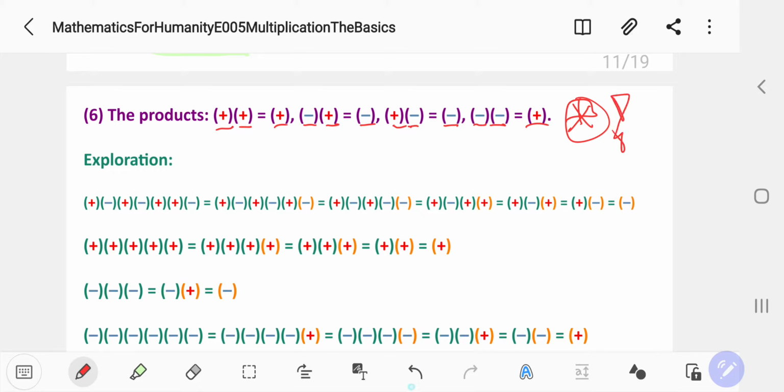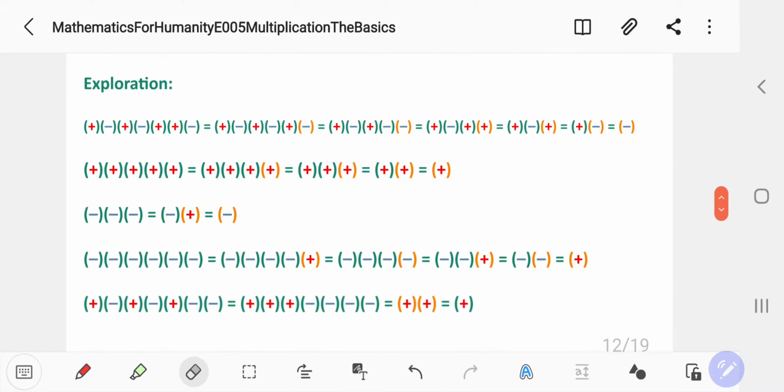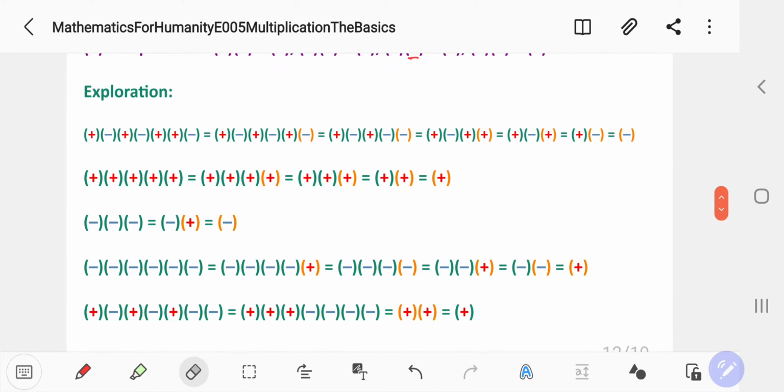So let's proceed. So let's explore that rule. If you have, how many numbers are being multiplied here? 1, 2, 3, 4, 5, 6, 7. So you have a positive number, the next one is a negative, the third one is a positive, the fourth one is negative, the fifth one is positive, the sixth one is positive, and the seventh is negative.